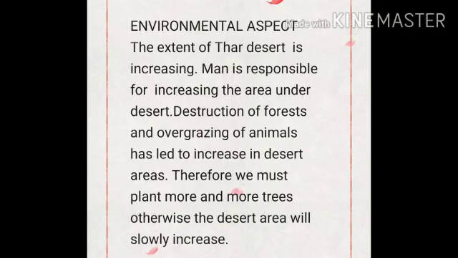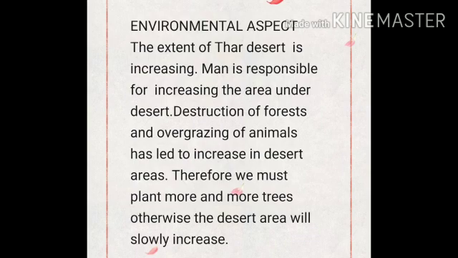Now let's talk about the environmental aspect of the desert. The extent of the Thar Desert is increasing. Man is responsible for increasing the area under desert. Destruction of forests and overgrazing by animals have led to an increase in desert areas. Do you know, children, what is the meaning of overgrazing?